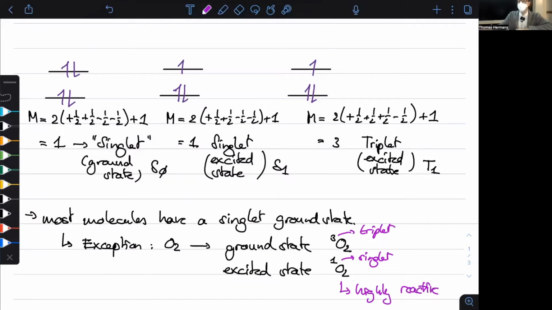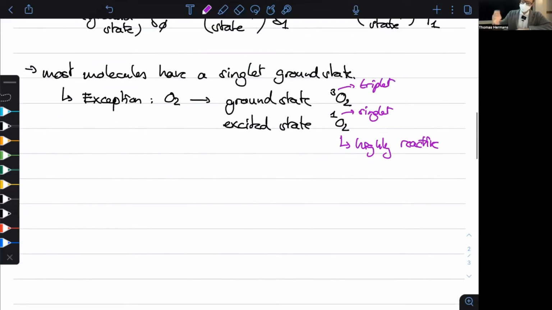If you hit oxygen in solution with light, it will get excited, and you will make singlet oxygen. It's a strong reactive molecule which can break chromophores or fluorophores, or it's even used in anti-cancer treatments in tumors. They use singlet oxygen to kill cells.